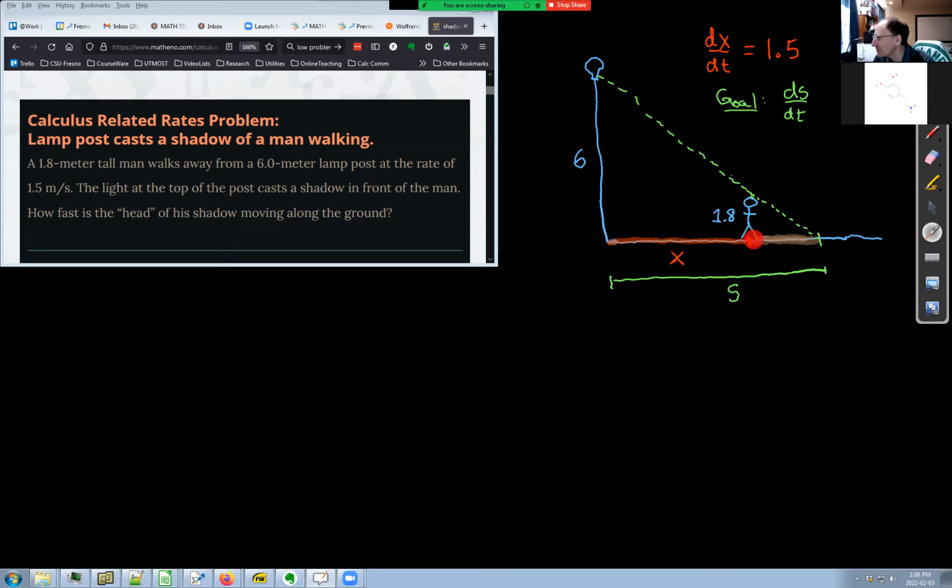But there's also a little triangle that involves the man and the tip of the shadow. Those two triangles are related because they're similar triangles, since the smaller triangle lives inside of the bigger triangle.